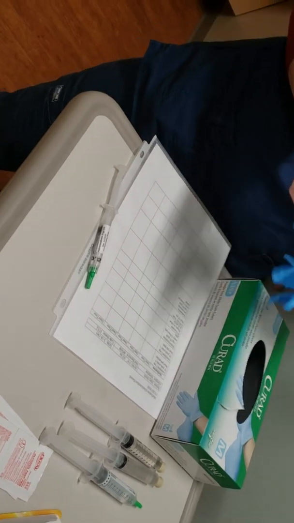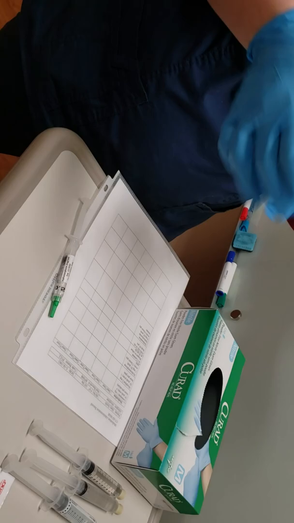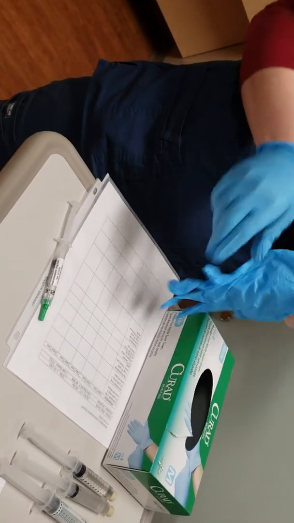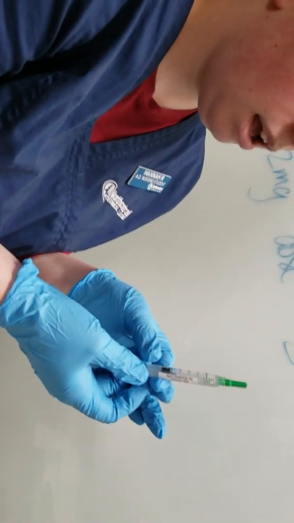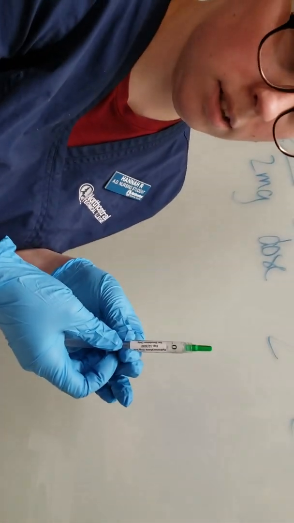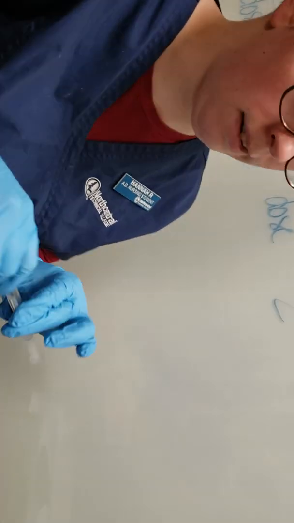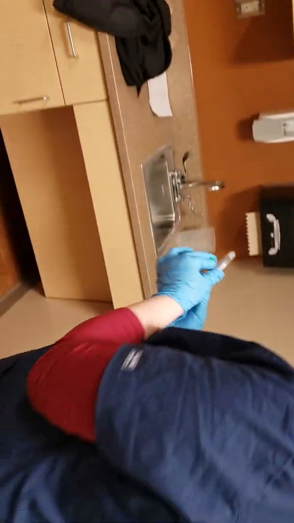I have a second nurse here since this is an opioid. And with my second nurse, I'm going to waste, since this is a 2 mil vial, I'm going to waste 1.5 mils until I have 1/2 mil.